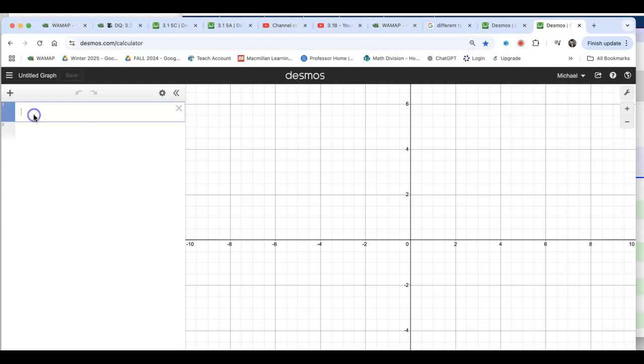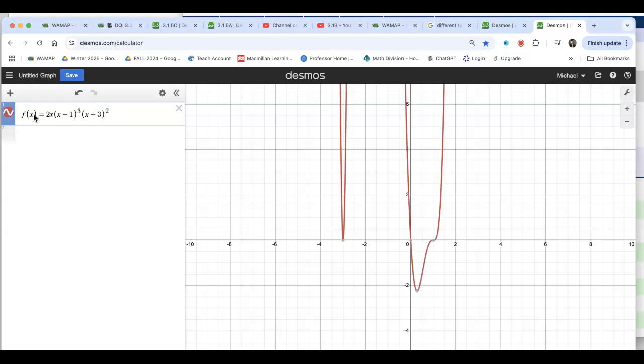Okay, so I'm just going to type the function in. f of x is 2x times (x minus 1) actually cubed, and (x plus 3) squared. Okay, so this looks a little weird here, but it's because of the scaling.